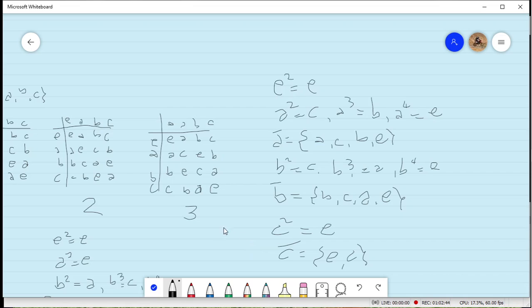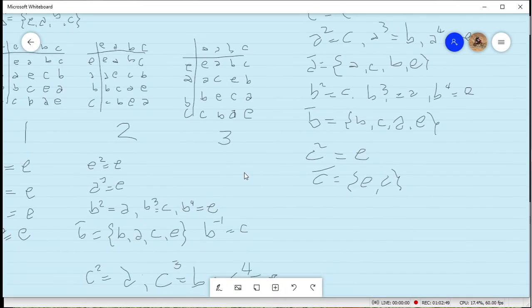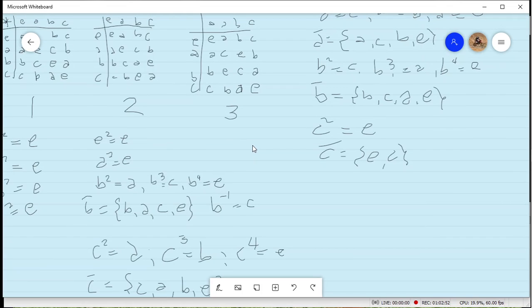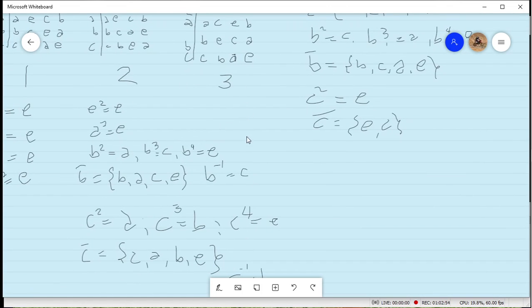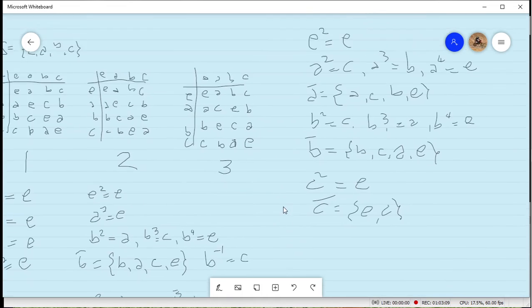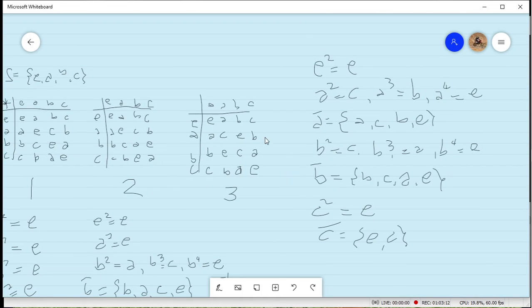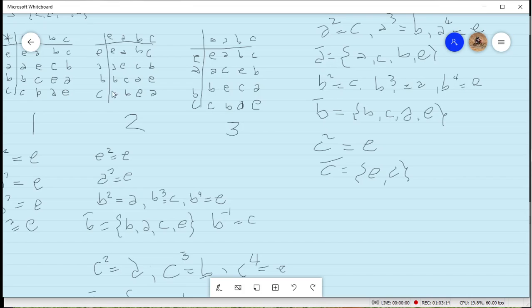In other words, this structure is basically the same as this one, only that E is represented by E here, A is represented by C, then B and C are represented by A and B in this table. So that is why this table and this represent the same binary operation.